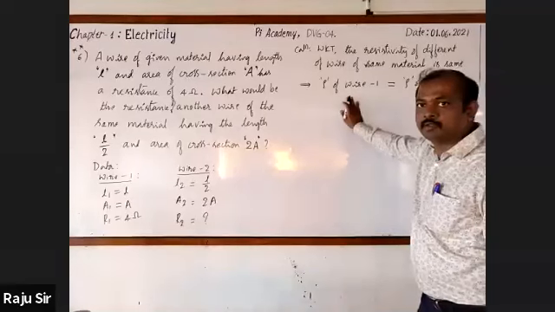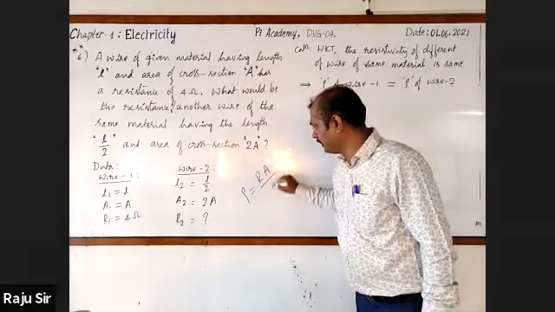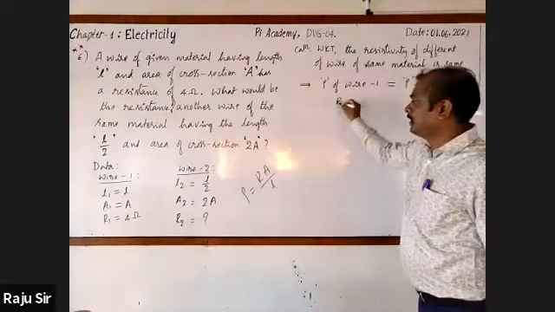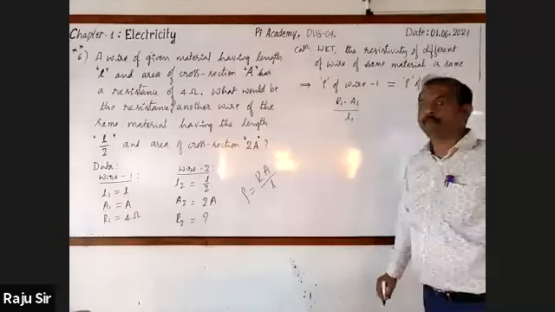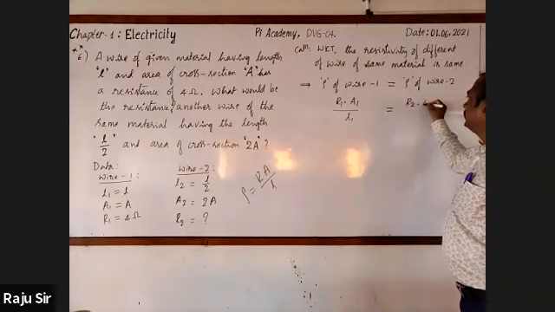Write the formula. Rho is equal to R into A by L. For the first wire, R1 into A1 by L1 is equal to the second wire, R2 into A2 by L2.